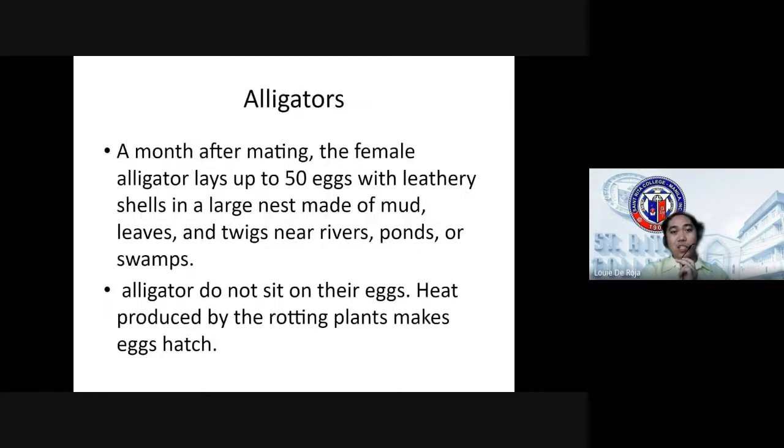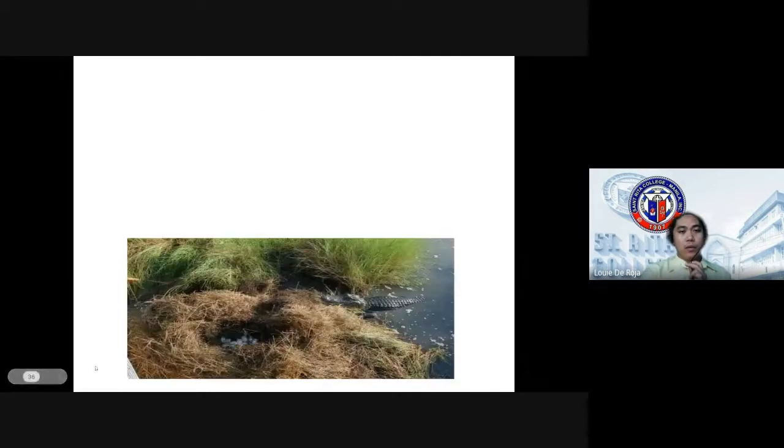So, kinakailangan siyang limliman ng parents. Pero sa alligator, hindi na siya nalilimlim, kasi yung rotting plants na yung nagpoproduce ng heat para doon sa kanyang mga eggs. Kaya hindi na niya kailangan pang limliman. Okay, yan po yung sa alligator.